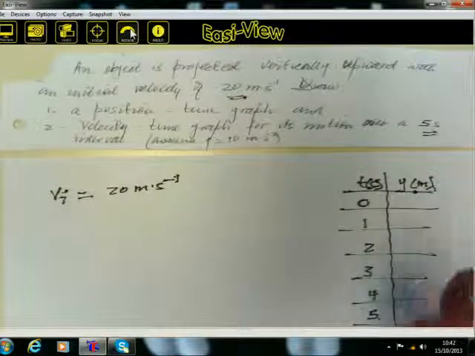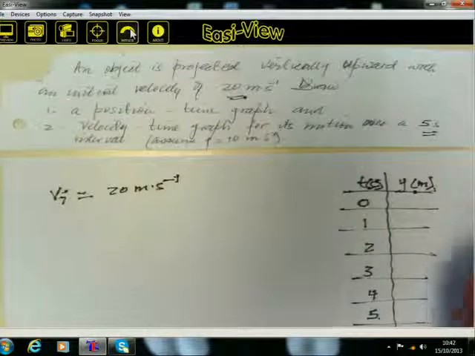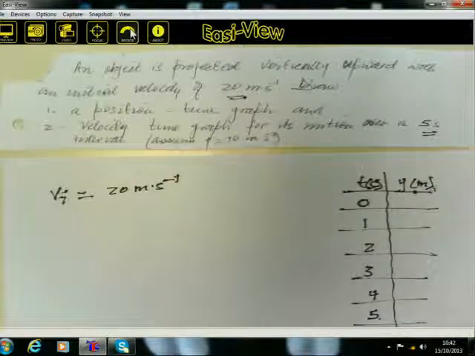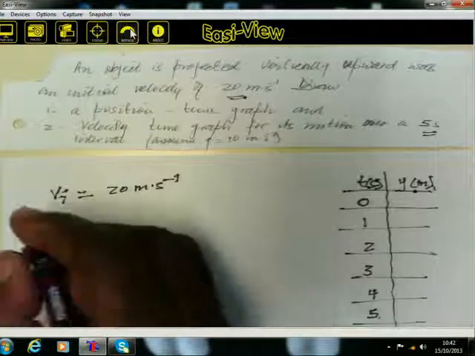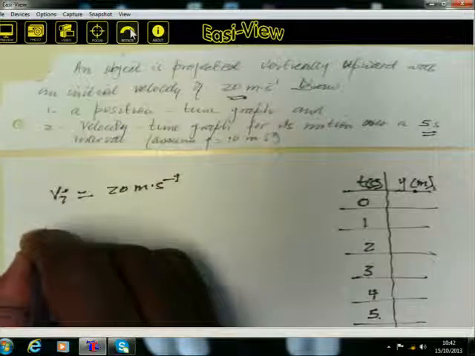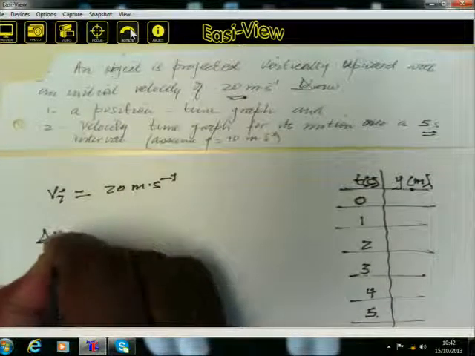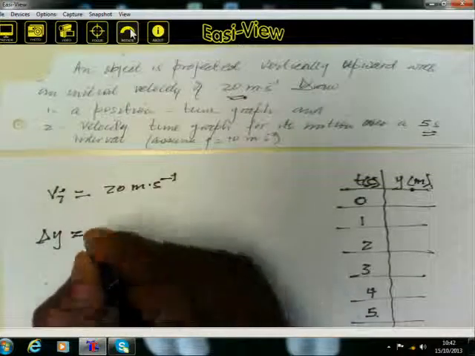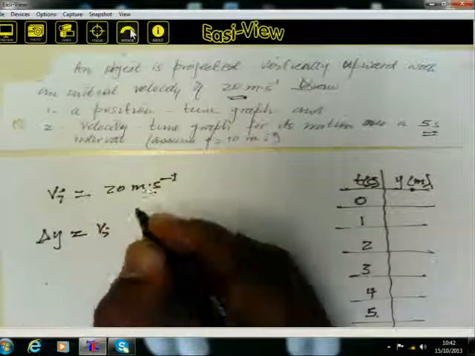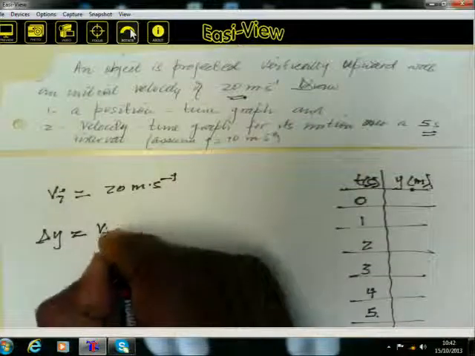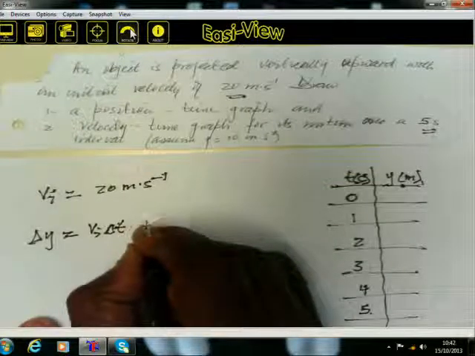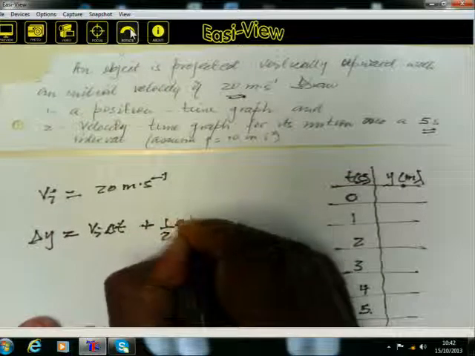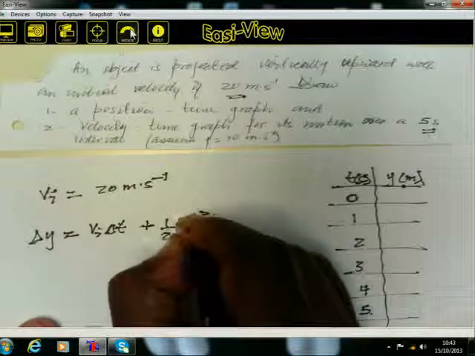So for each of these times, we'll be able to find the position of the object with respect to its point of projection. So the equation we are going to use will be delta y is equal to Vi delta t plus half a delta t squared.